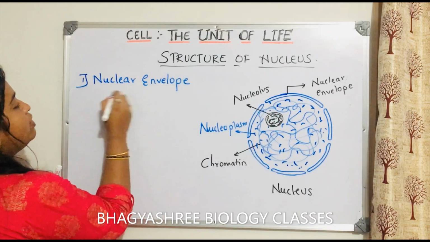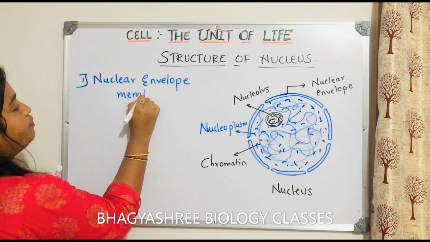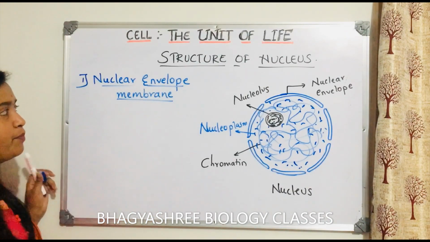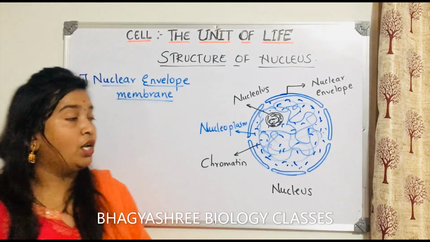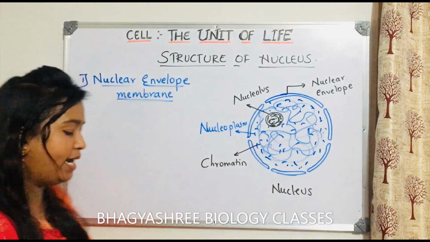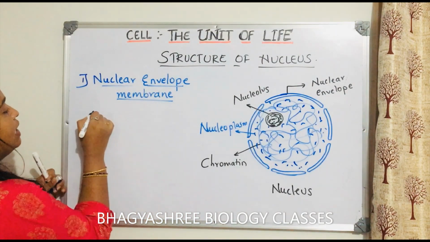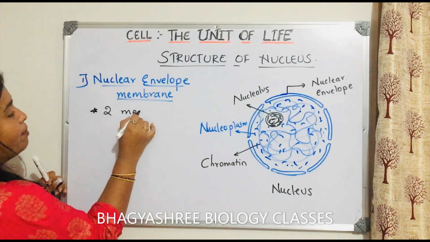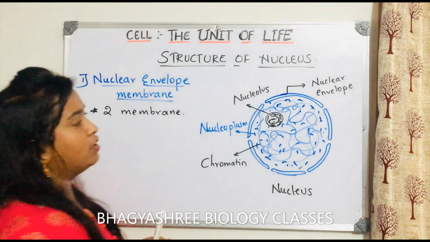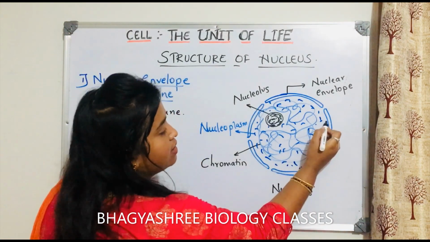Nuclear envelope, that means you can say nuclear membrane also. So what are the peculiar characters of this? You can see that the nuclear membrane is made up of two membranes. So the first point is that it is made up of two membranes. This one is the outer membrane, this is the inner membrane.